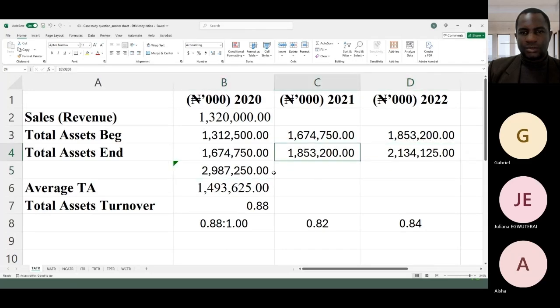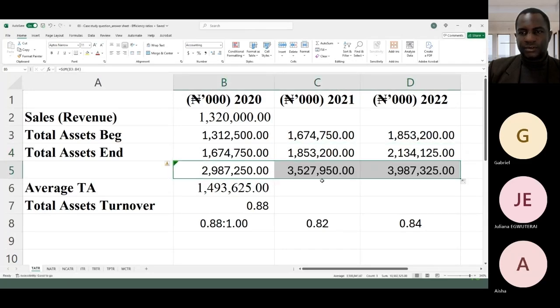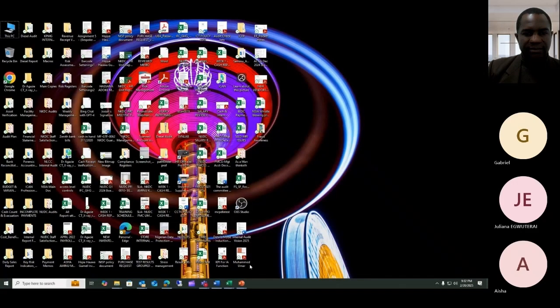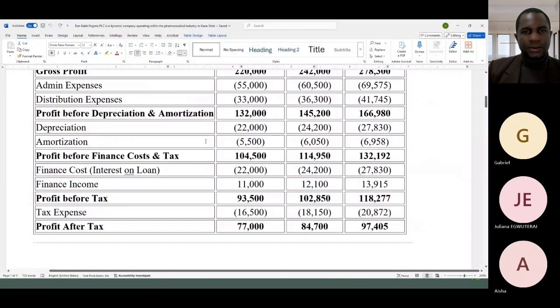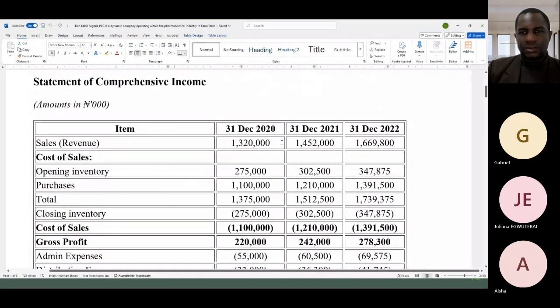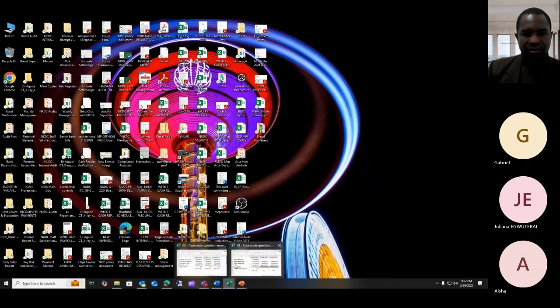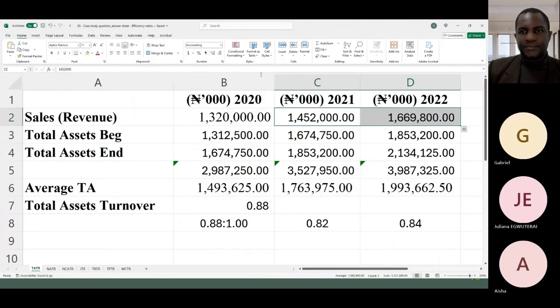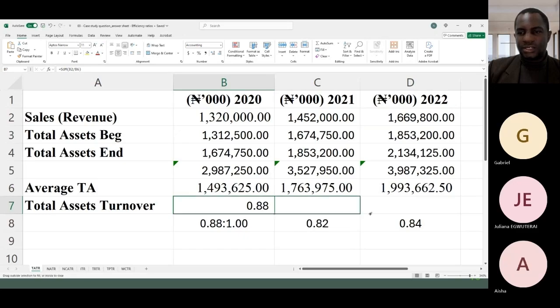Okay, so let me just drag this to make it easier for us. So this is our total, and this is our average. Fantastic. So let me go get our revenue quickly. We'll just validate your figures. So this is our revenue. We have this as our, exactly. So let me just drag this. Good. We are on the same page, 0.82, 0.84.